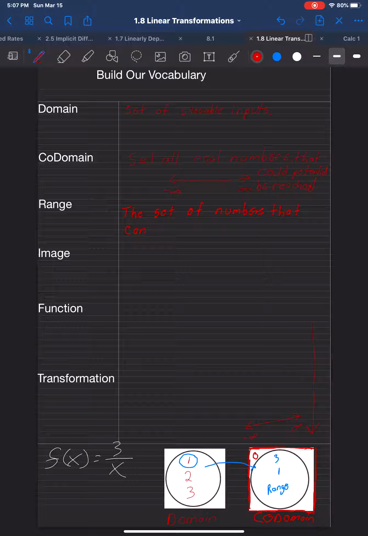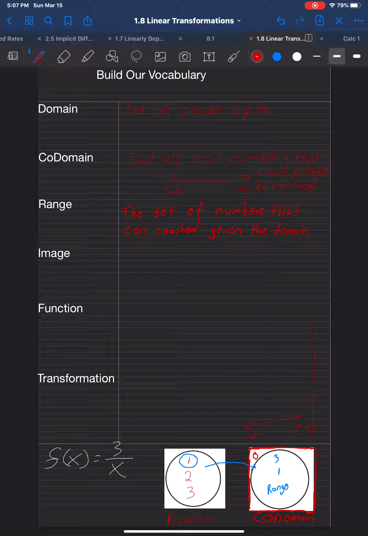All right, that can be mapped to or reached given the domain.